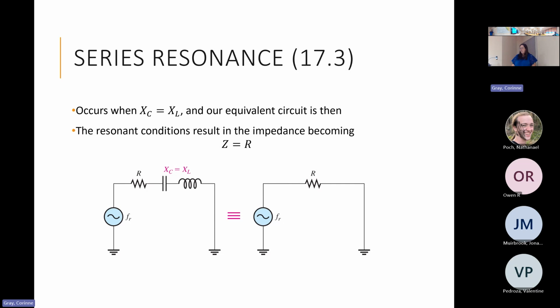All right, so let's talk about series resonance. XL equals XC. It occurs at one frequency for that particular circuit.